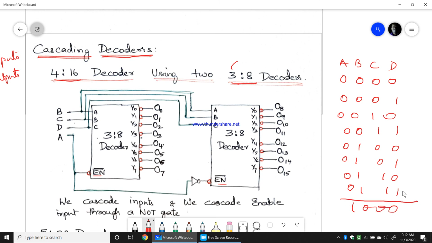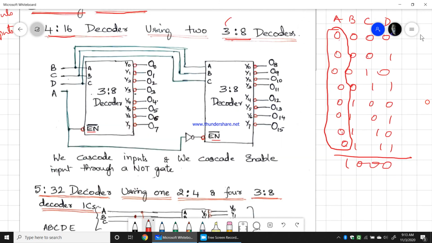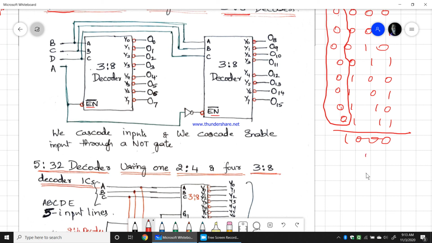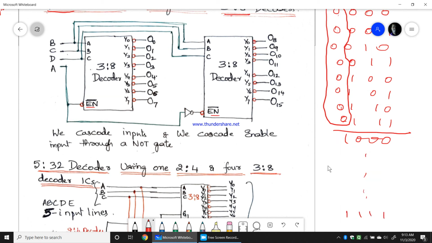You can see that for 0 0 0 0 onwards, A is 0. Now from 1 0 0 0 till all ones, A will be 1. A will remain as 1. Therefore, for the first 8 conditions A is 0, for the next 8 conditions A is 1.